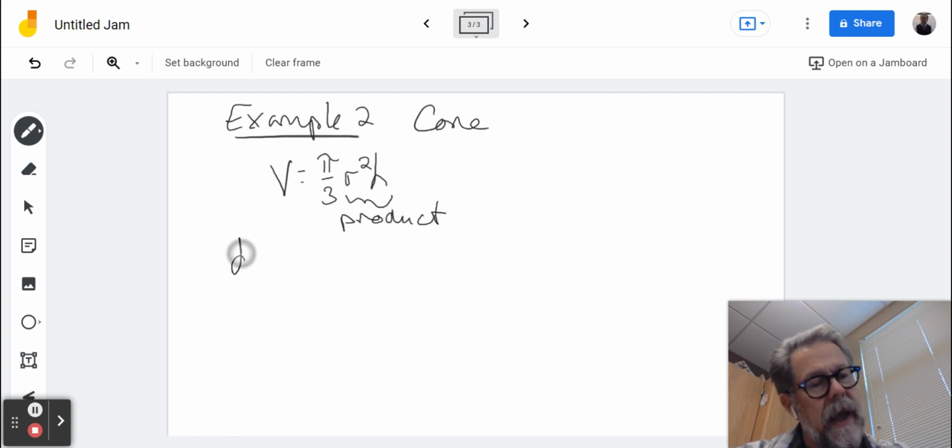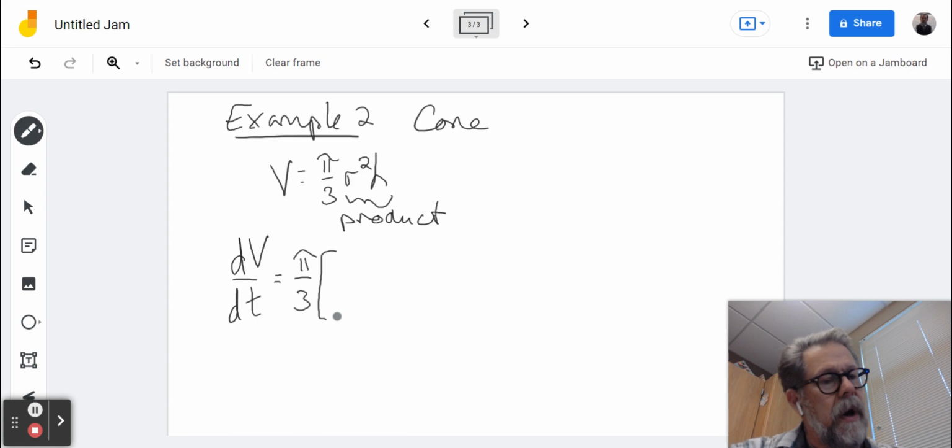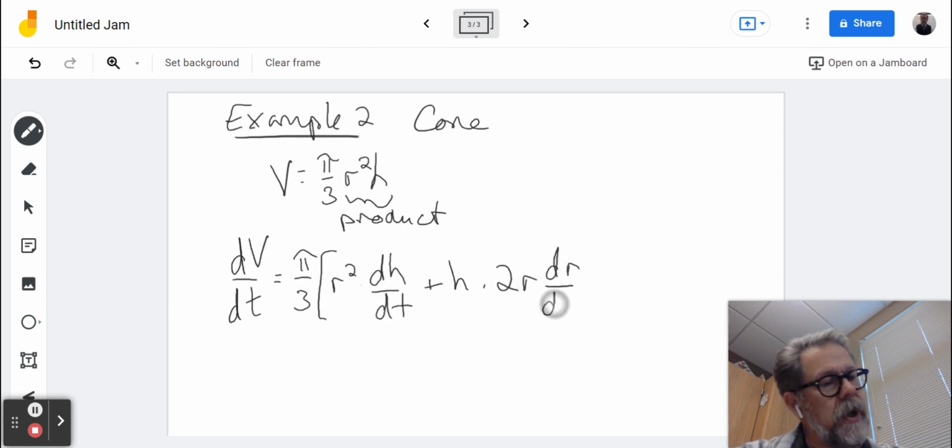And I can very quickly find that the rate of change of volume with respect to time is pi over 3 times, well, product rule says r squared times the derivative of h, remember, it's a function of time, plus h times the derivative of r, which is also a function of time.